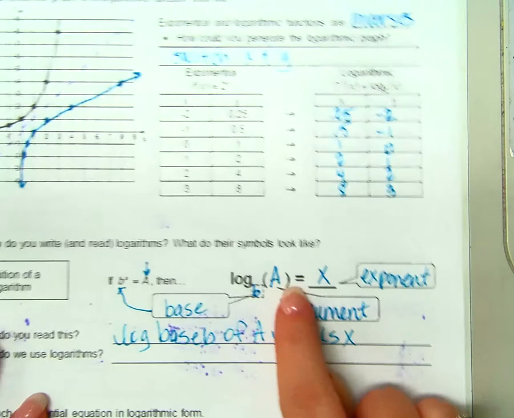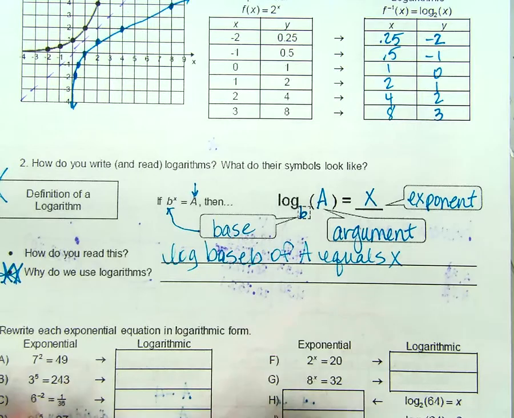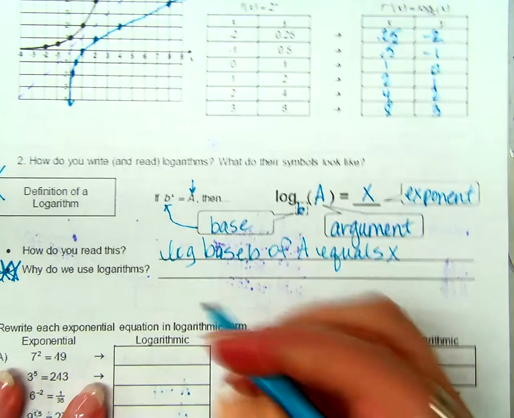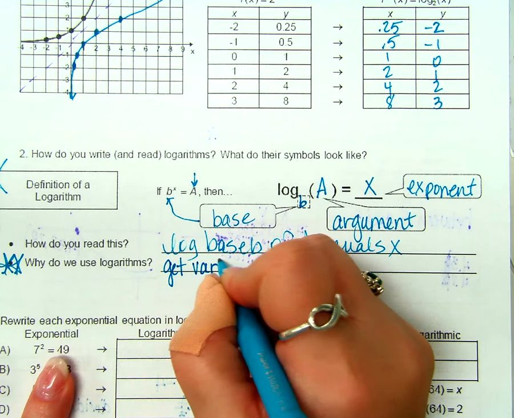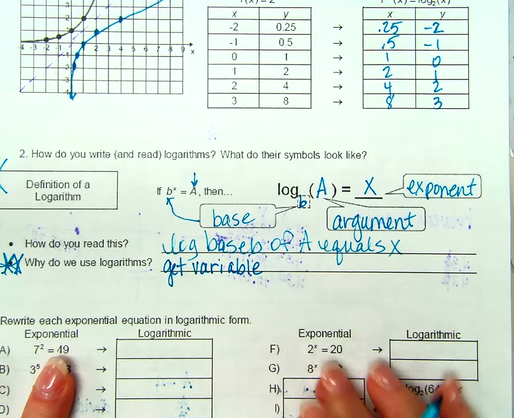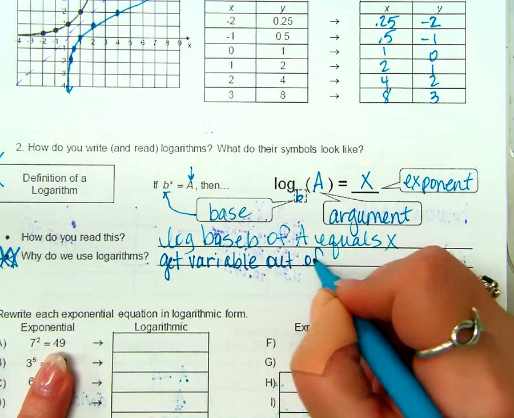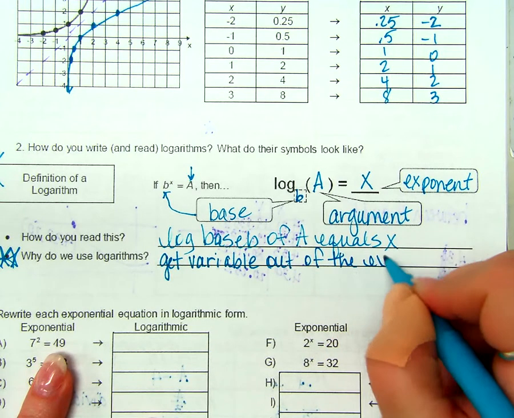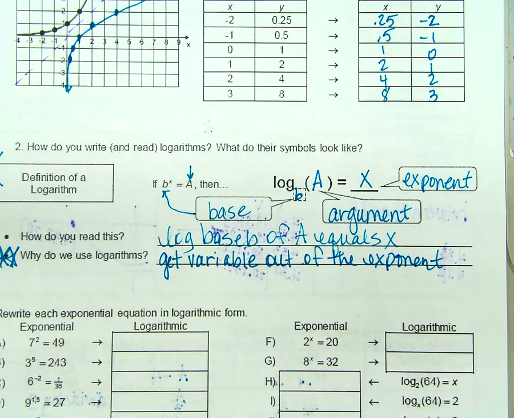If I write it in logarithmic form, where is my variable? It's over here, right? So why would we use logarithms? To get the variable, what? Out of the exponent. Very good. To get the variable out of the exponent.